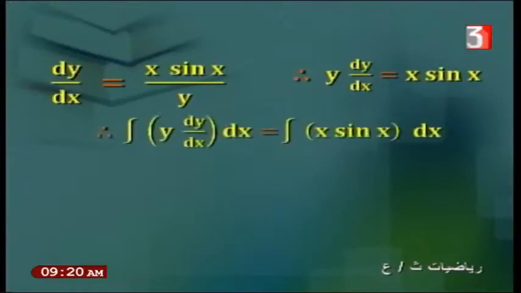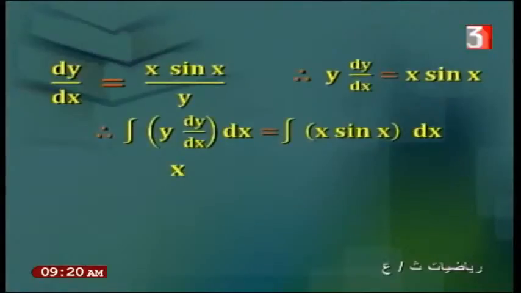Then we can write y dy equals x sine x dx, and the integration of both sides with respect to x: integration y dy equals integration x sine x dx, and the right hand side is integration by parts.